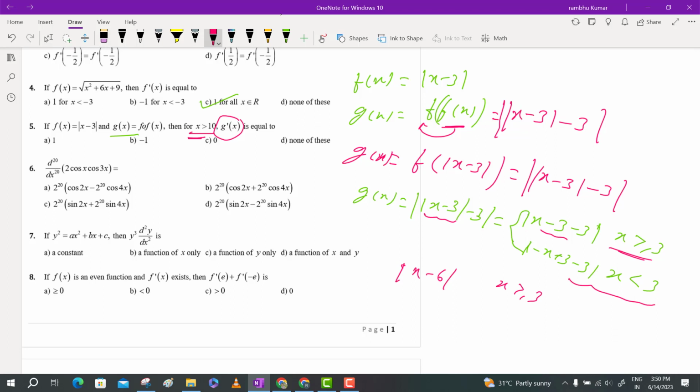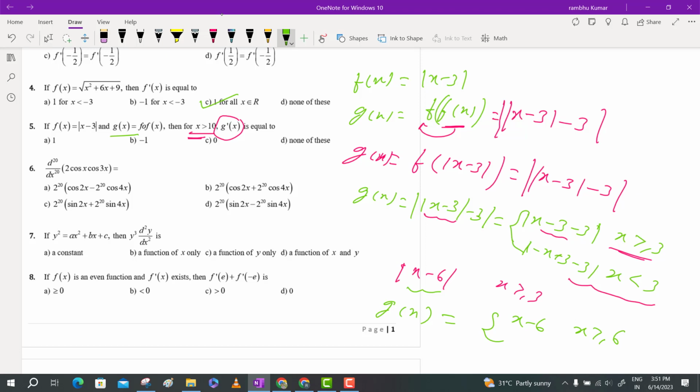Now this particular function x minus 6 gives you plus x minus 6 when x is greater than or equal to 6. Am I right? Yes. Which means here we can write x minus 6 when x is greater than or equal to 6.